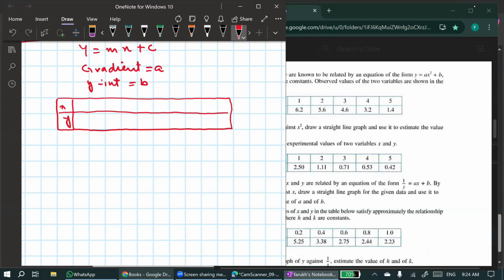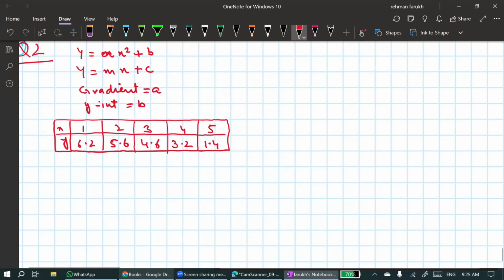Now, the given data is x: 1, 2, 3, 4, 5. The values of y are 6.2, 5.6, 4.6, 3.2, and 1.4.